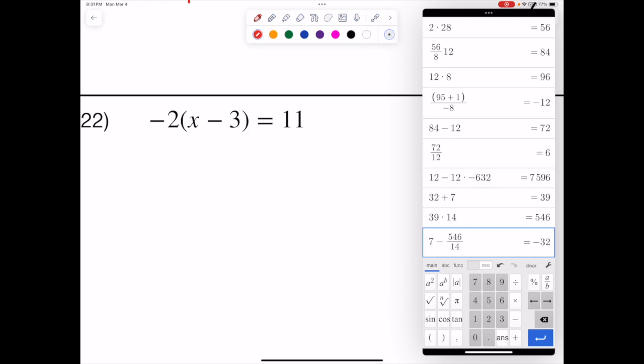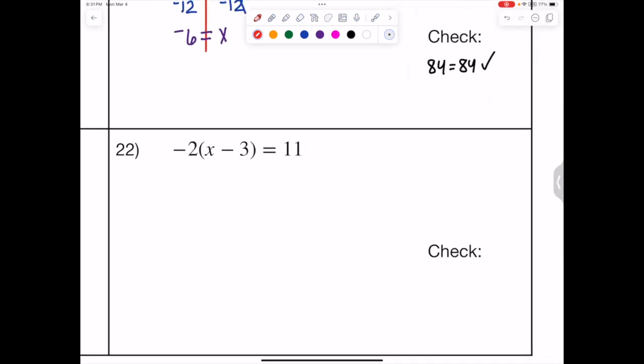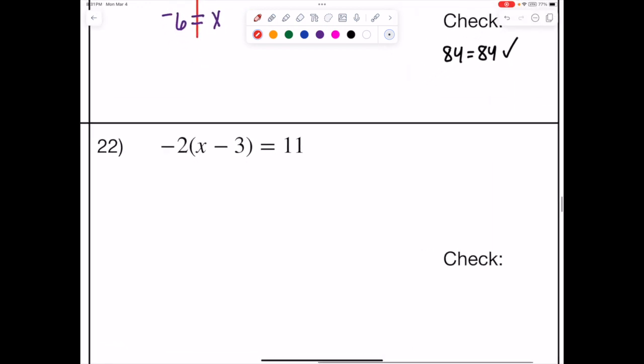Remember, in order to do our SAD-MERG, we're going to have to distribute first so that we can do our work. So let's go ahead and distribute. Separate our workspace. We have negative 2x, negative times a negative is a positive, plus 6 equals 11.